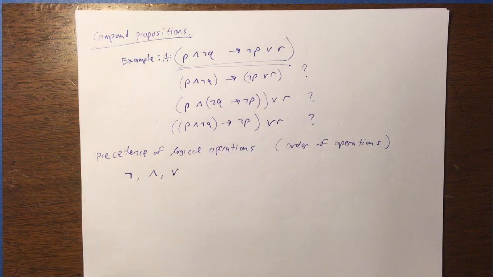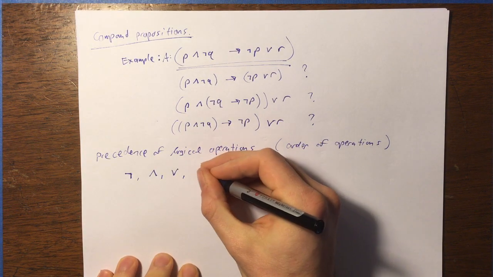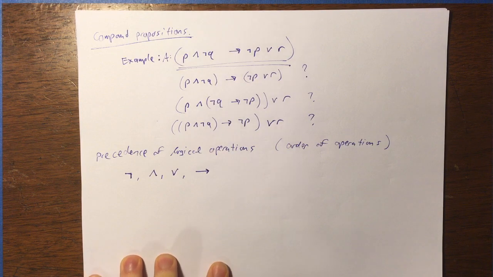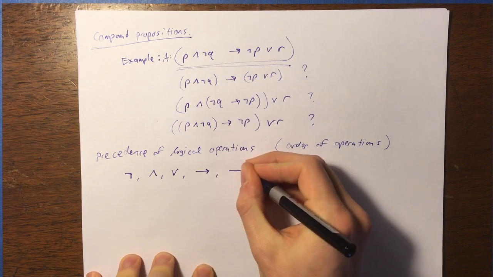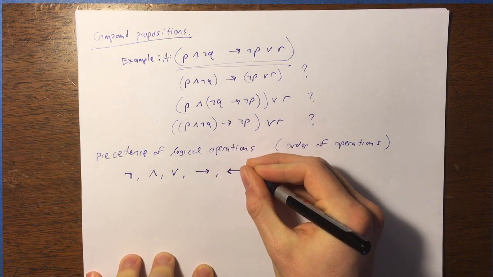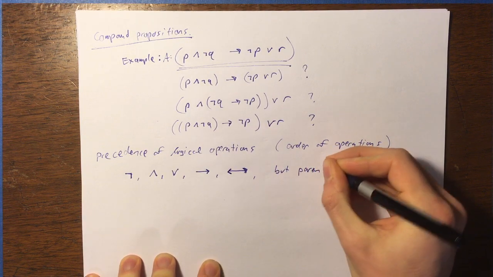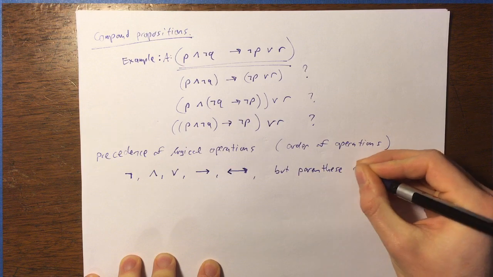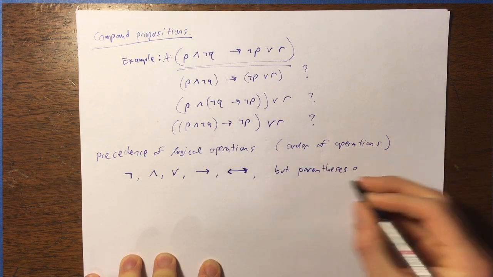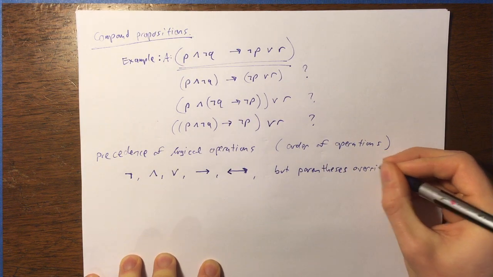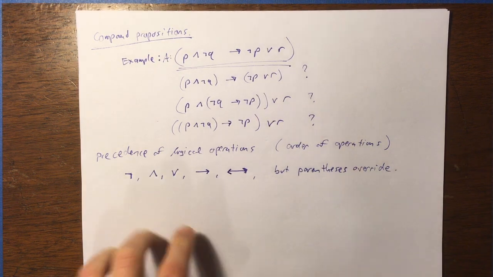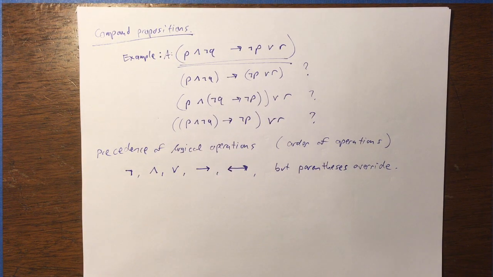Then we would apply implication, and lastly, biconditional, double implication. But, as always, parentheses override. Just like in algebra, we use parentheses to override the order of operations and say what order we should evaluate things in.